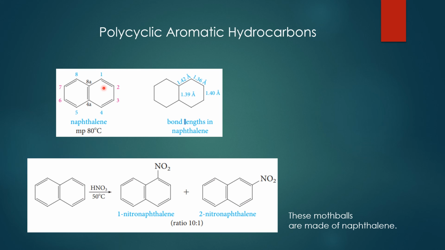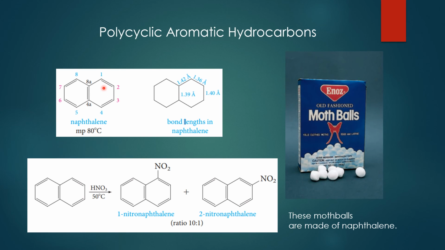Like benzene, naphthalene undergoes electrophilic substitution reactions: halogenation, nitration, and so on, usually under somewhat milder conditions than benzene. Two mono-substitution products are possible, and substitution at C1 usually predominates.